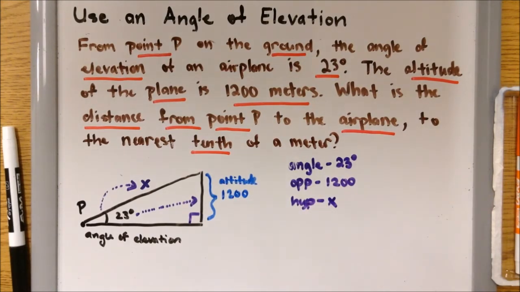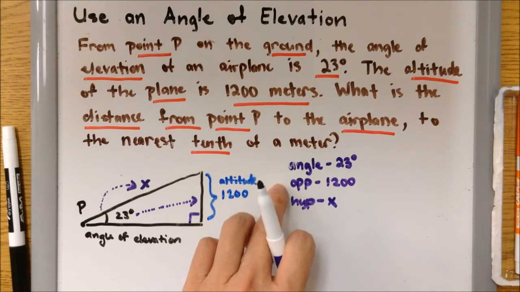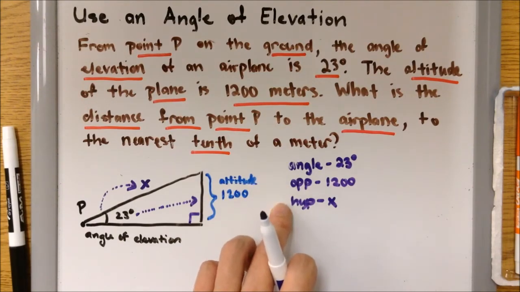Looking at what we know, the only trig function that uses opposite and hypotenuse is sine, but we can also use cosecant.